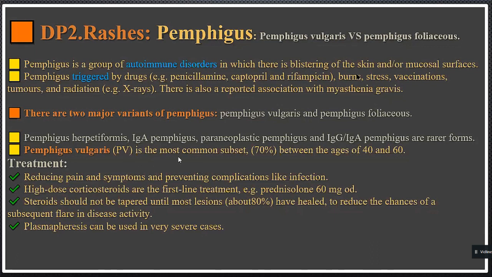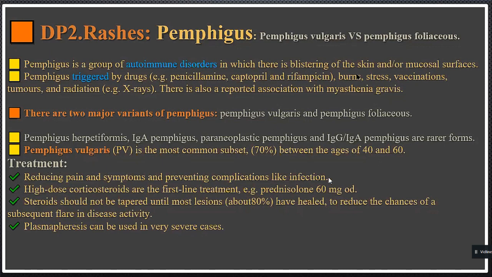So the most common here is vulgaris, it's 70%, and the age 40 to 60. So if you find in the scenario 40 to 60, it can support your diagnosis.